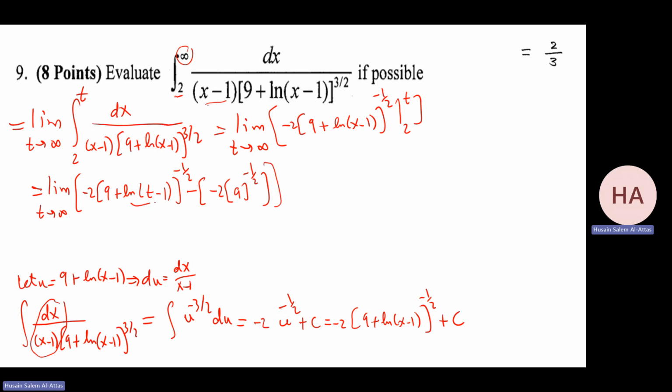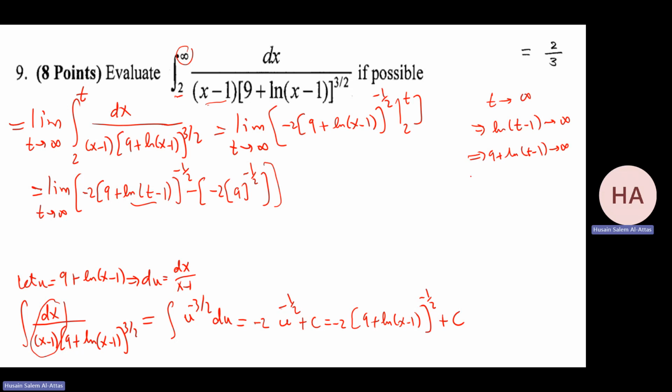Now this one I need to be careful. If t goes to infinity, then t minus 1 also goes to infinity, so ln of t minus 1 will go to infinity. But 9 plus ln of t minus 1 also goes to infinity.